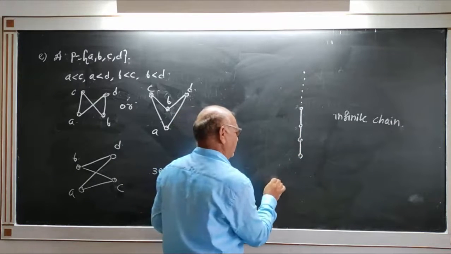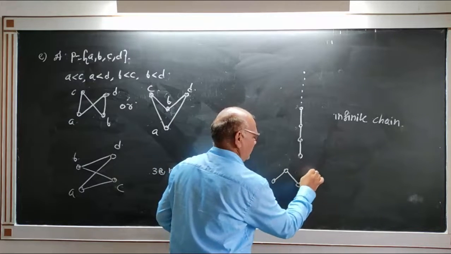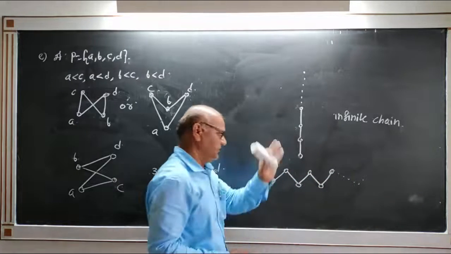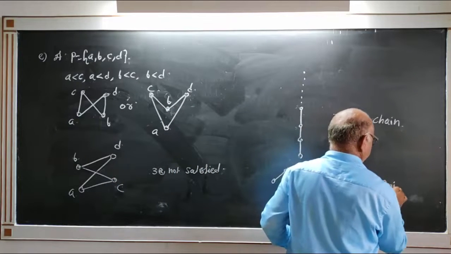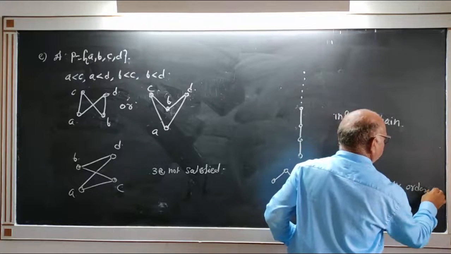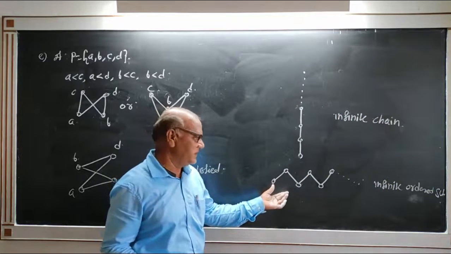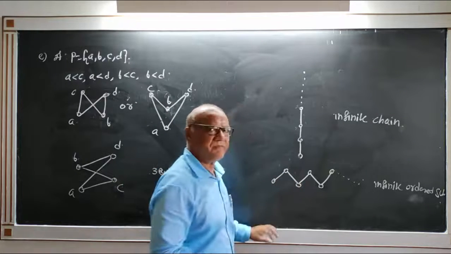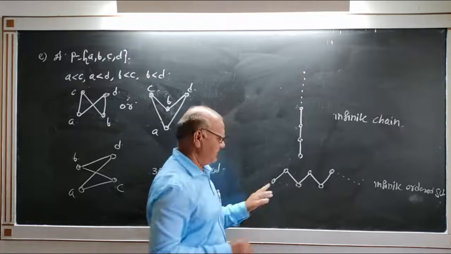If you take another diagram like this and continue, this is an infinite ordered set, but not a chain, because these two elements are not comparable.